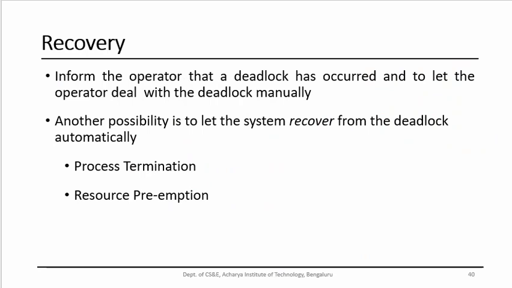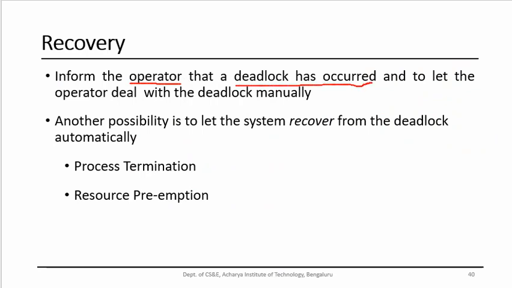Okay, let's discuss different recovery mechanisms, how we can recover from the deadlock. There are basically two approaches. The first approach is that the operating system need not bother. It will just inform the operator that the deadlock has occurred.